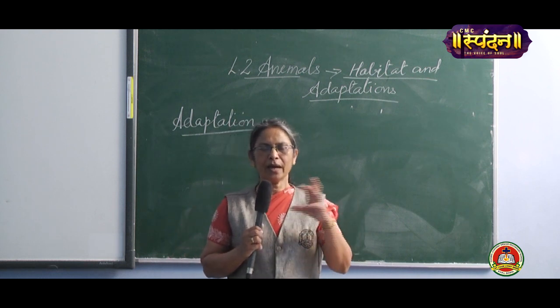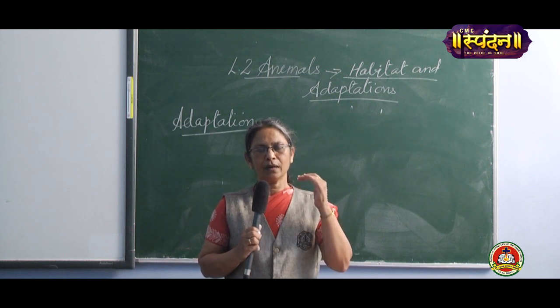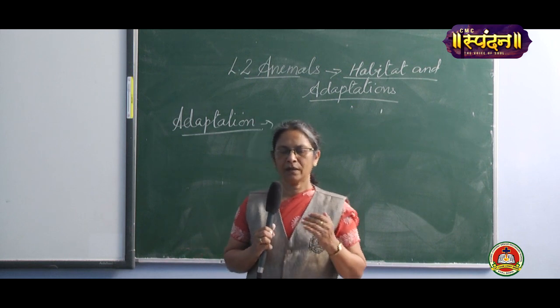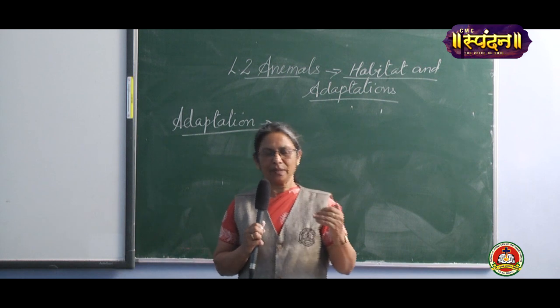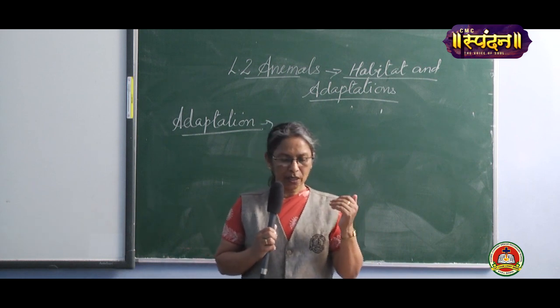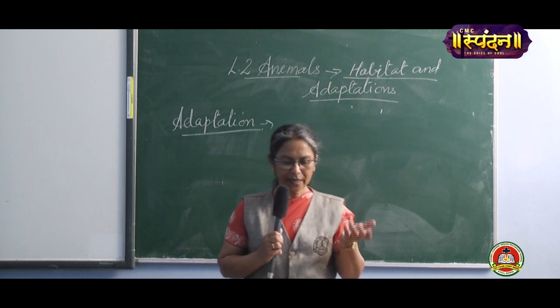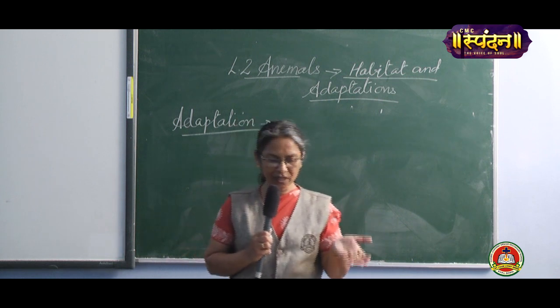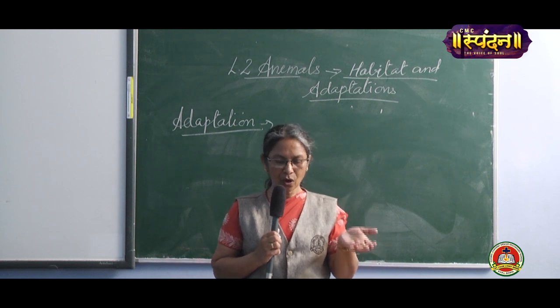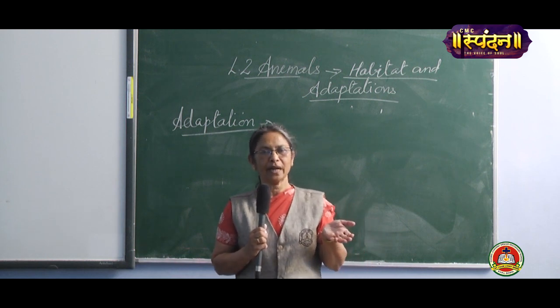So when they are adapted, they are very much ready to live in that particular habitat. Any change in the features or behavior of a species that helps it to survive in its habitat is called adaptation. Animals have features or adaptations suited to the habitat they live in.